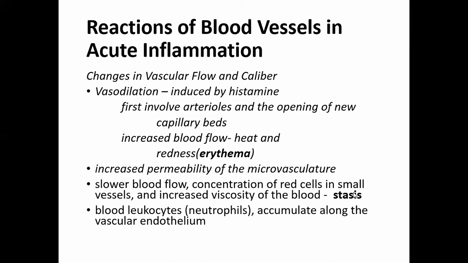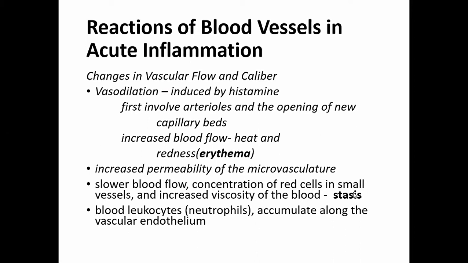This is induced by the action of several mediators, and the most notable is the production of histamine on the vascular smooth muscle. It is one of the earliest manifestations of acute inflammation, and vasodilation first involves the arterioles and then the opening of new capillary beds. This results in increased blood flow and causes the heat and the redness, also known as erythema.